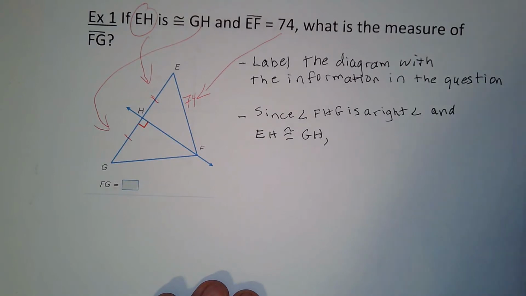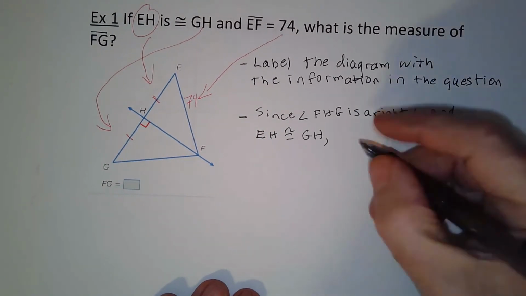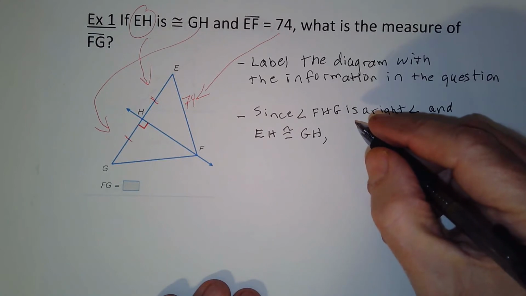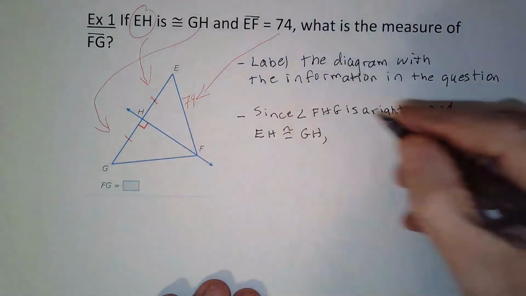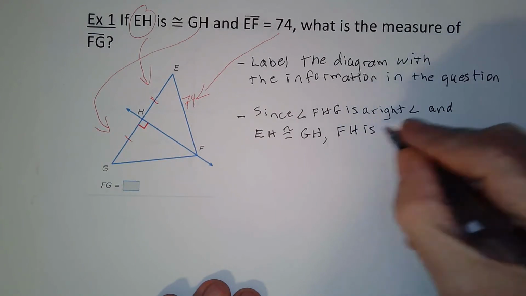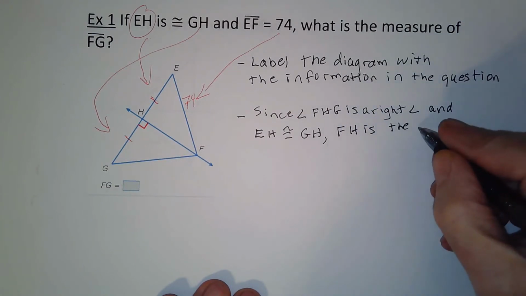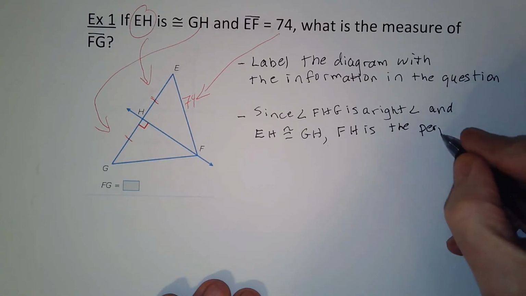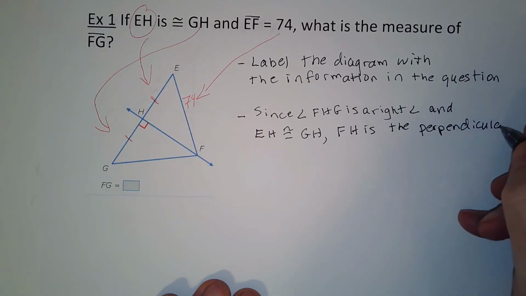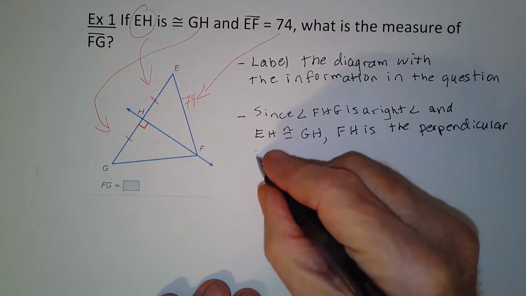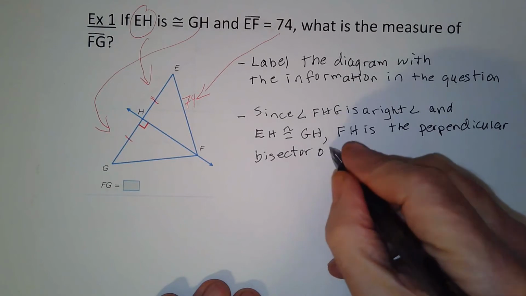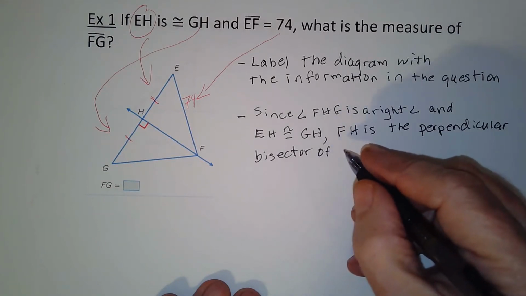So we know that EH is congruent to GH, and FH is the perpendicular bisector of EG.